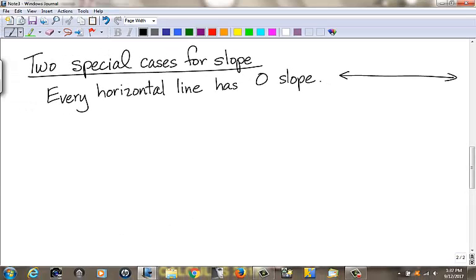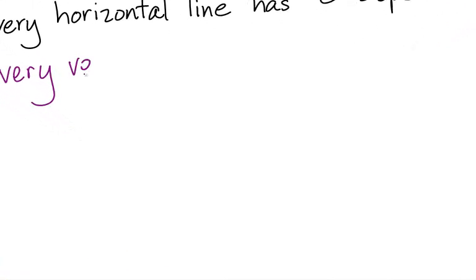The way I remember it, I always tell students to remember it, a horizontal line, think of the sun on the horizon. Horizontal line, 0 slope. Okay. The other special case is every vertical line. Yep, you can say it's undefined or no slope.